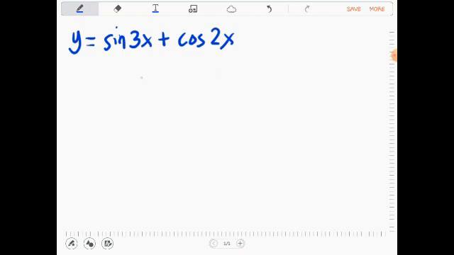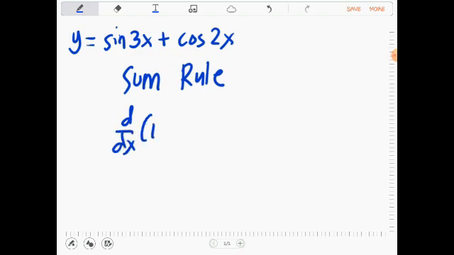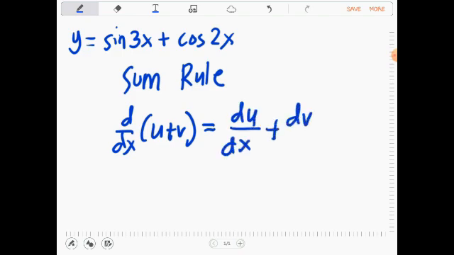Diba sa ating sum rule, if we have the derivative of u plus v, that is equals to the derivative of u with respect to x plus the derivative of v with respect to x. Yun yung sum rule. So, papalitan lang natin siya dito ng negative kapag difference rule siya.